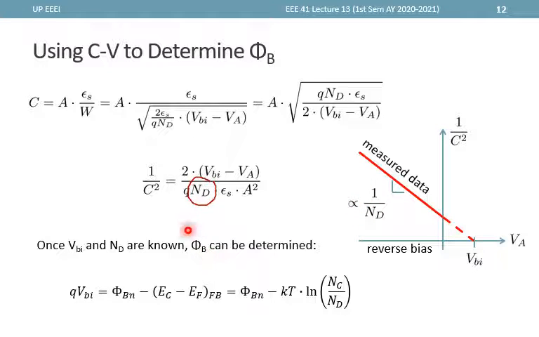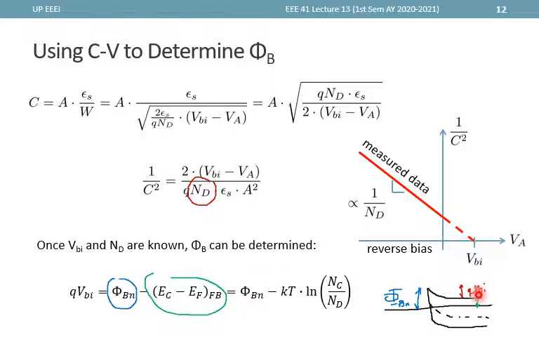Then we can determine Phi, which as we have said, cannot be expected to be always exactly equal to Phi m minus chi. So we can use this equation here, where qVBI is equal to Phi Bn minus (EC minus EF) at the flat band side, which can be observed using this illustration right here. So qVBI is Phi Bn minus (EC minus EF) at the flat band side.